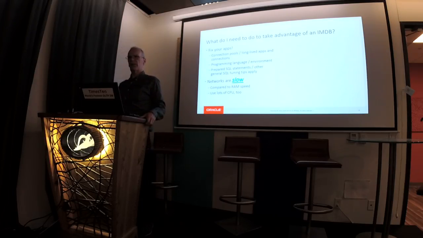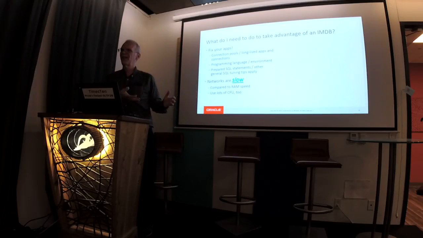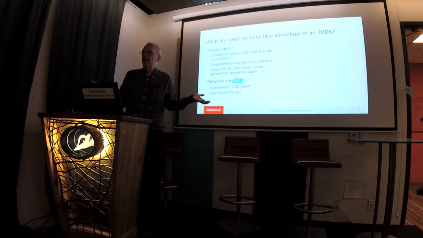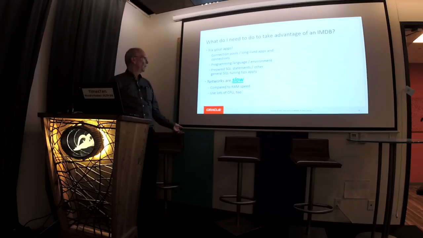So if they can steer things in their application to the right node, if I knew that all the phone numbers in the 408 area code were stored over here, and I could arrange to send those billing requests to those servers in the first place, then the database could really run at those memory speeds. But yeah, networks are slow, and if you're going to use a network, you've got a problem.